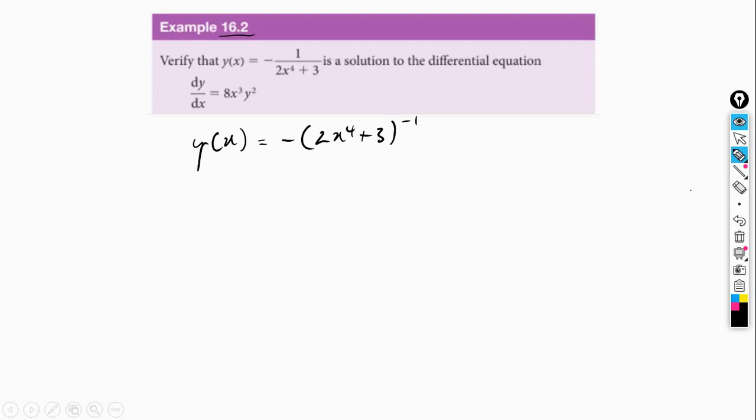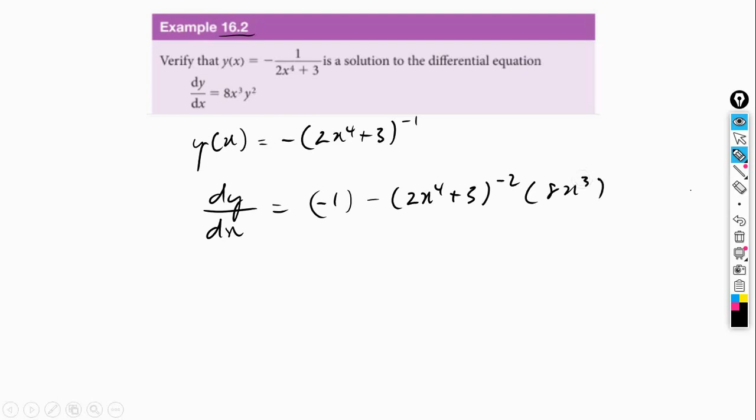And then we can find the derivative of y. And this is going to equal negative 1 times minus 2x to the 4 plus 3 to the minus 2 times 8x to the power of 3.